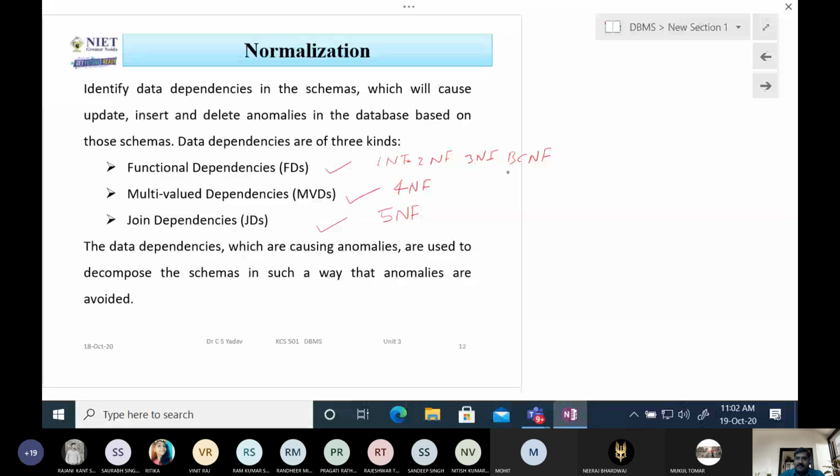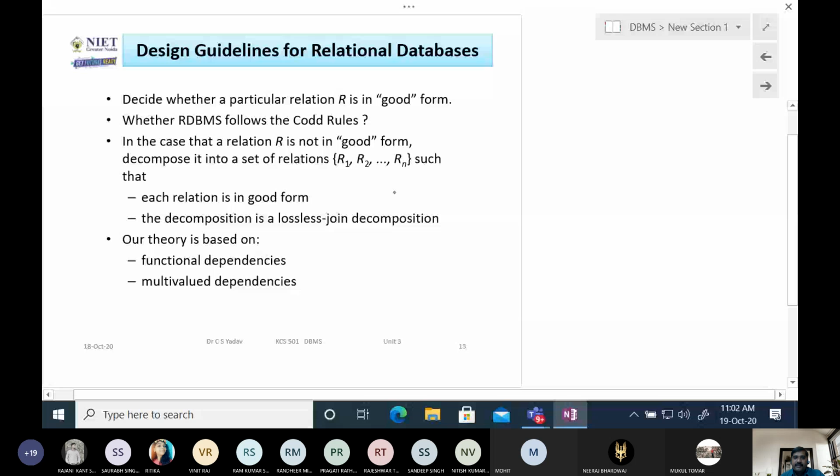Okay. Then actually our objective is to design a good database, and the principle of good database design is one fact at one place, not at multiple places.